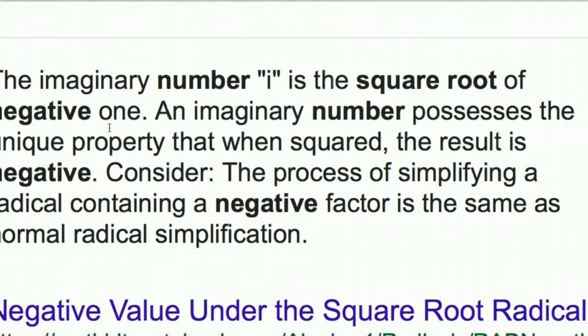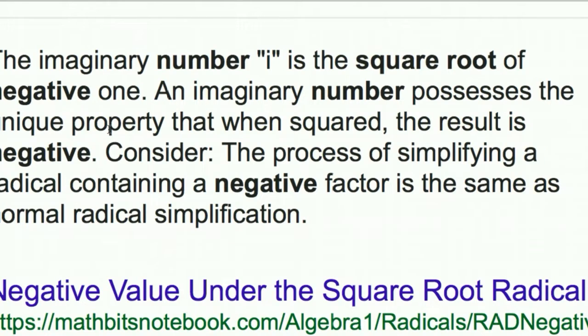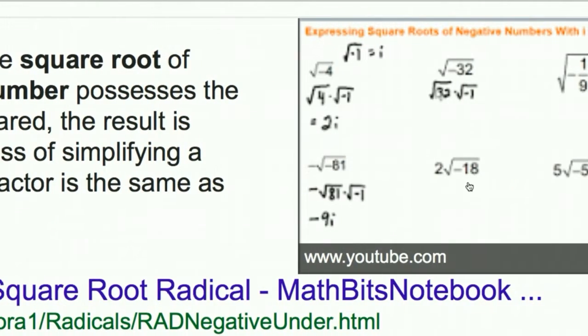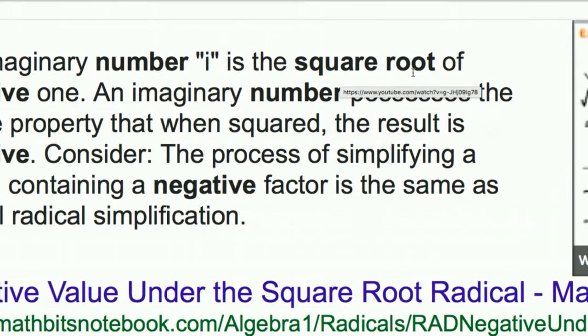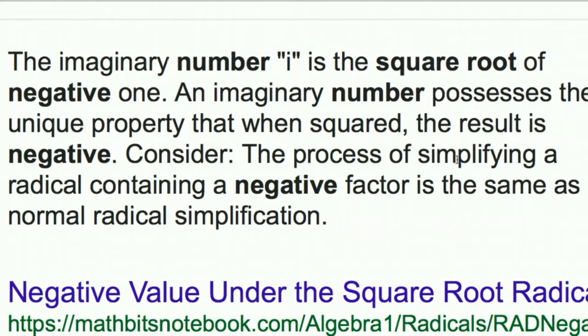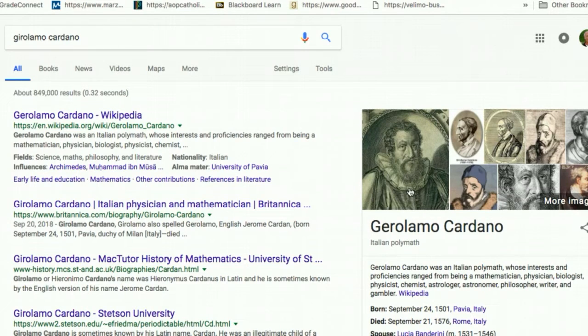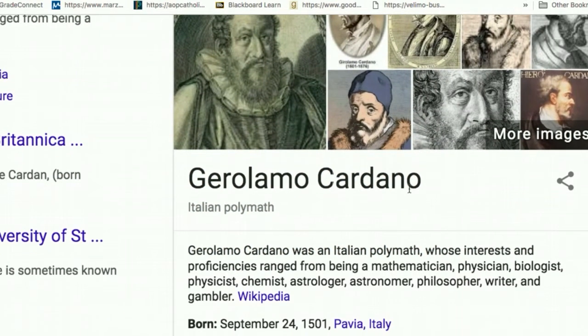And what's cool about this is that this was discovered years and years ago to try and simplify a radical that contained a negative factor. So although we were working with square roots of negative numbers like -6 and eventually -4, this was really something that was developed way back when to try and have some type of answer. And it's all thanks to this guy, Girolamo Cardano.